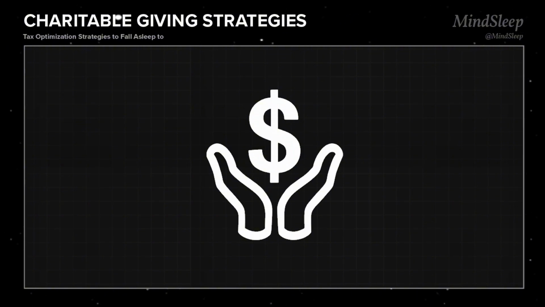This approach can significantly reduce gift and estate taxes while supporting charitable causes, creating a harmonious balance between family wealth preservation and social responsibility. The timing of charitable contributions can be as crucial as the contributions themselves.